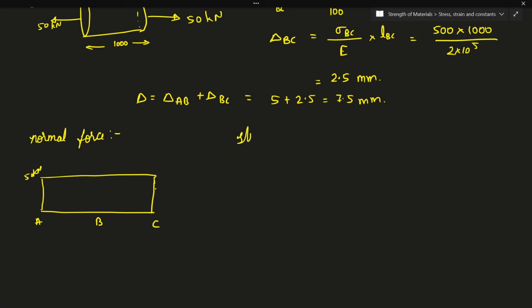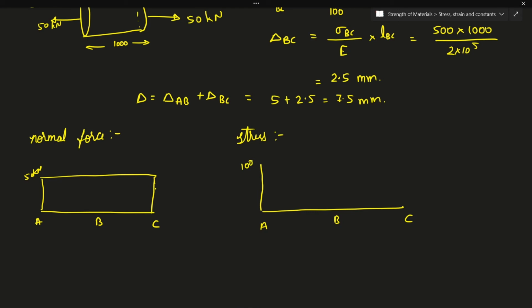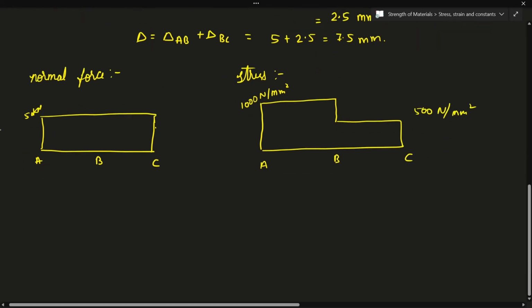Now for stress, if I have A, B and C, at A the stress is 1000 Newton per mm square, so it will be same till B, and at B the stress will drop to 500 Newton per mm square, right?